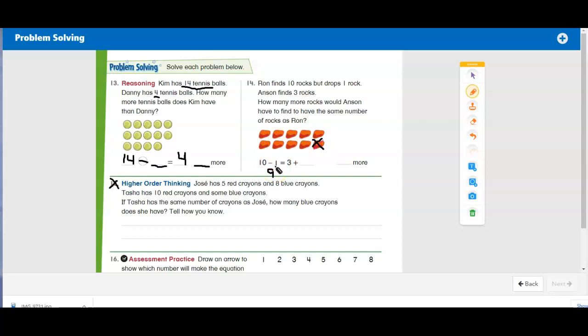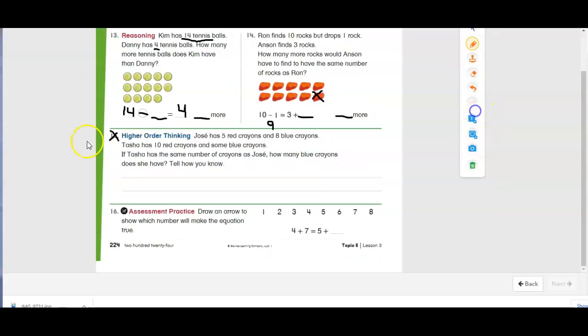So then, if we were trying to make a true equation, and 9 is what our equation needs to equal, 3 plus what number would equal 9? You can draw a picture or use the pictures of rocks to solve. Write the number in both blanks for what 3 plus what number would equal 9.